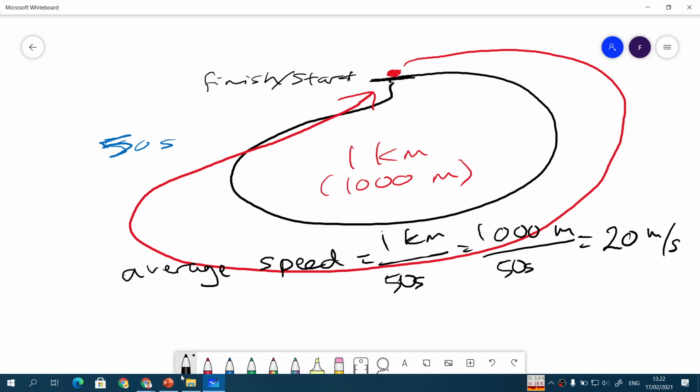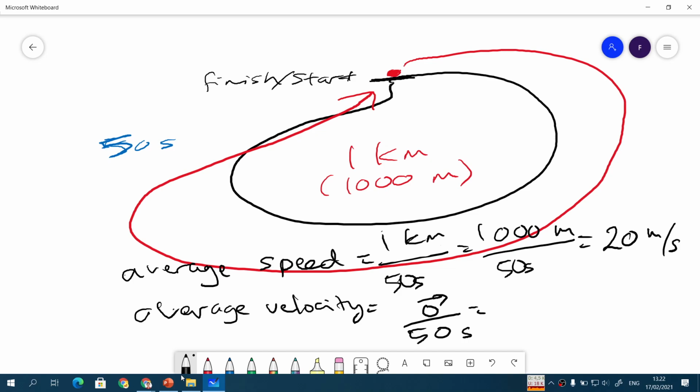In the meantime, the average velocity is actually 0. Why do you think it's 0? Please observe the starting point of the car versus the finish point when the car actually stops.